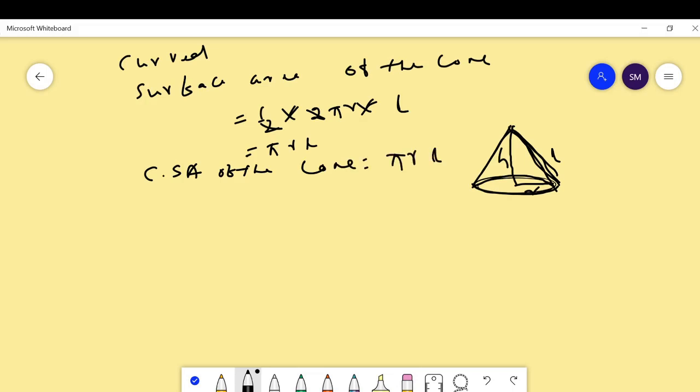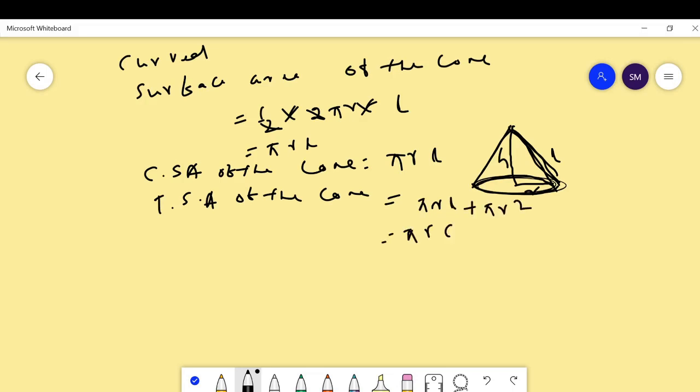Then the total surface area of the cone is pi r L, the curved surface area, plus the area of the base. The area of the circular base is pi r square. Then this is pi r L plus pi r square.